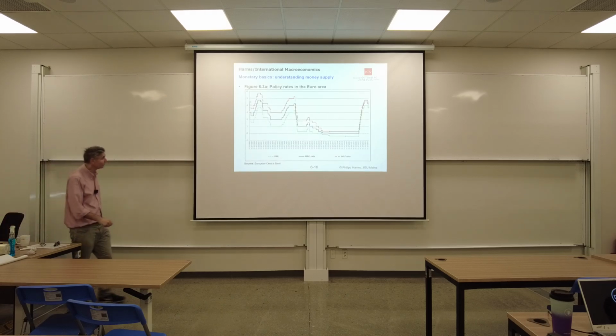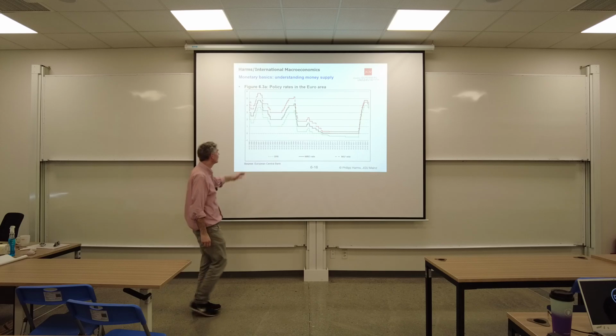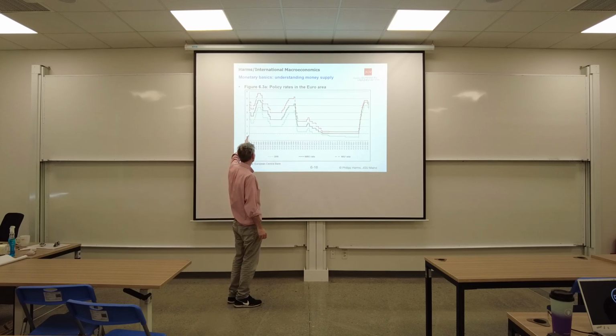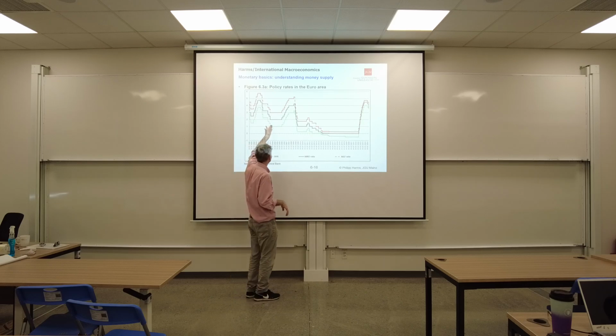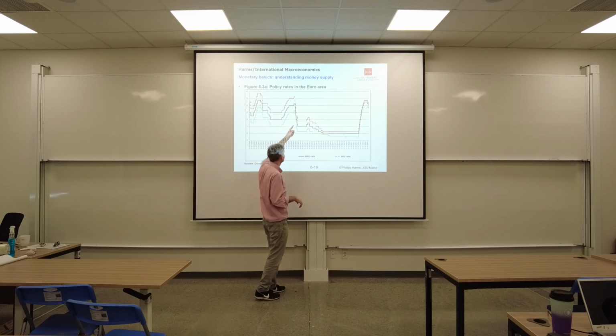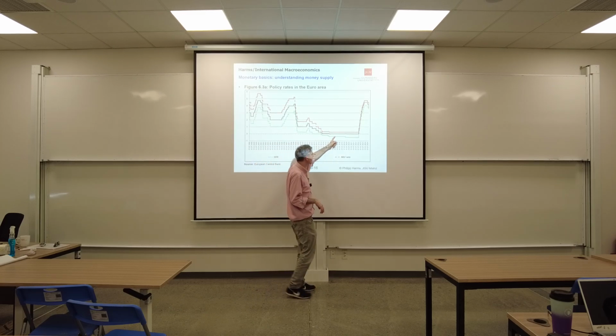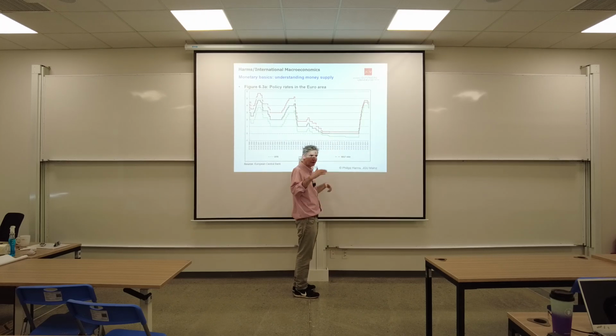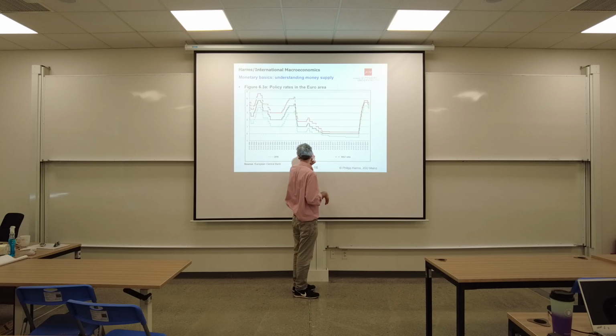Now these are the policy interest rates, right? And you see when the euro was born, money was quite expensive. Then the policy interest rates were reduced, then increased again. And then the global financial crisis struck. And then we came into the phase where the main refinancing rate was 0. So as a commercial bank you didn't have to pay any interest on the liquidity that you got. And the deposit facility rate was negative.